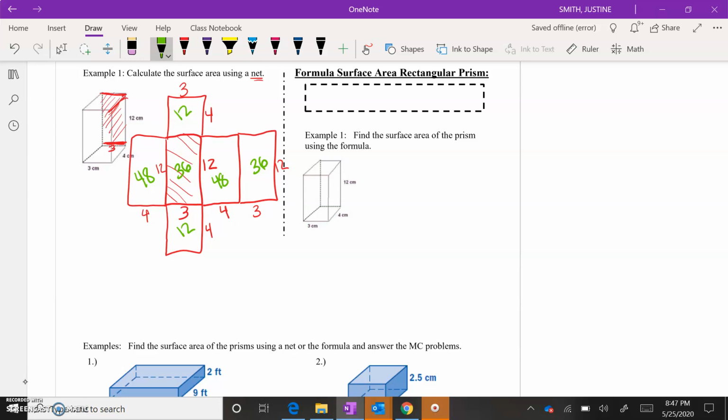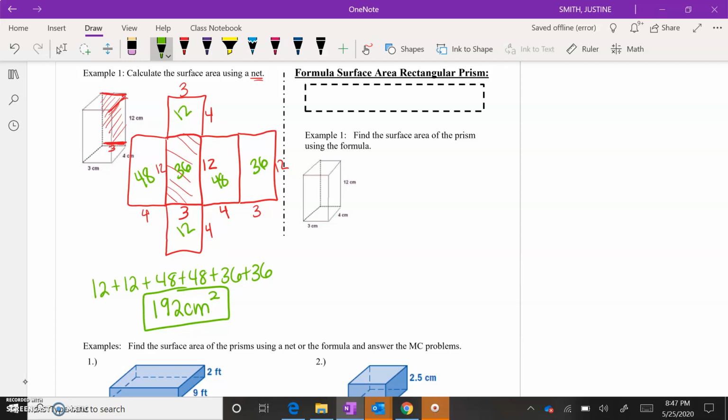So I would be doing 12 plus 12 plus 48 plus 48 plus 36 plus 36. If you add all those up, I got 192 centimeters squared. Since it's surface area, it is squared. So that's the one method that you could do.